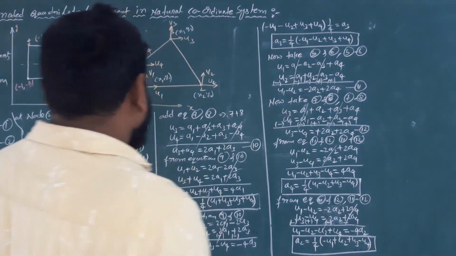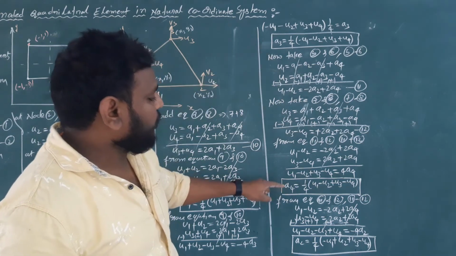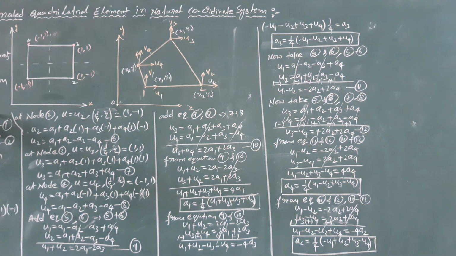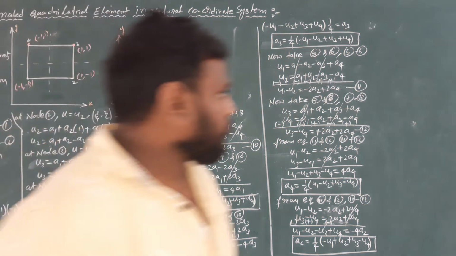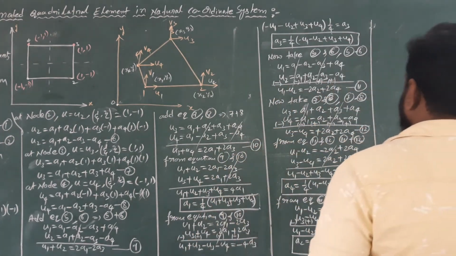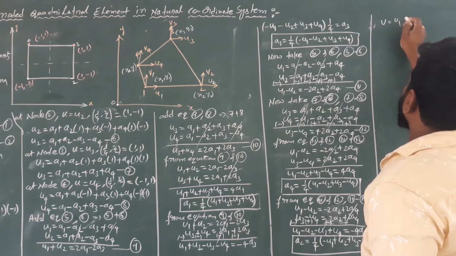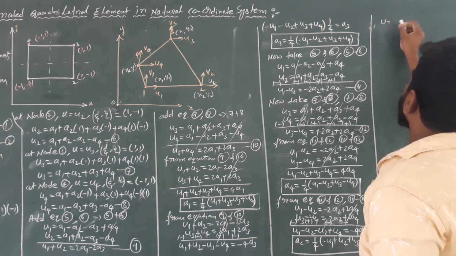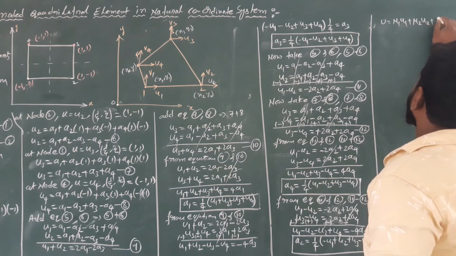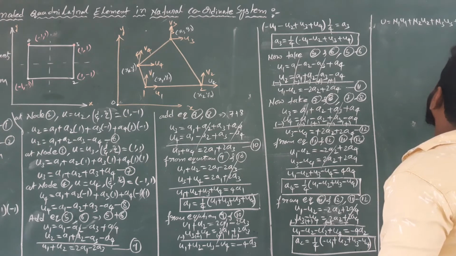Okay, we got a1, a2, a3 and a4. Substitute these a1, a2, a3 in equation number 1. We will get nodal displacements. We know that u is equal to n1 u1 plus n2 u2 plus n3 u3 plus n4 u4.